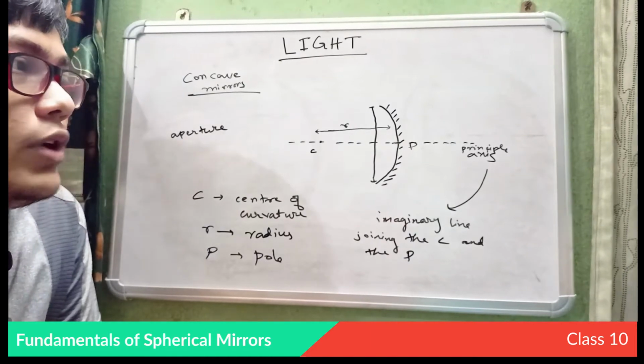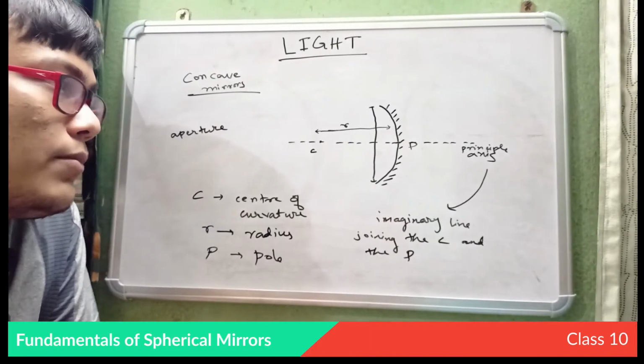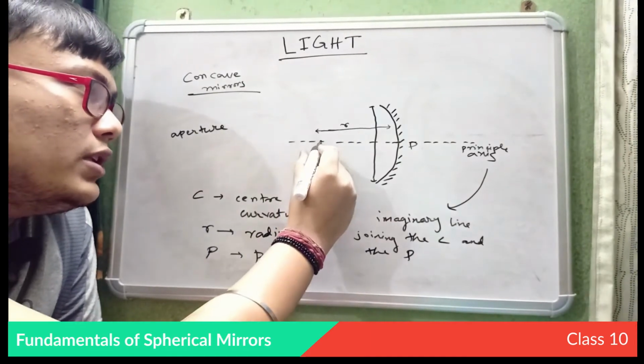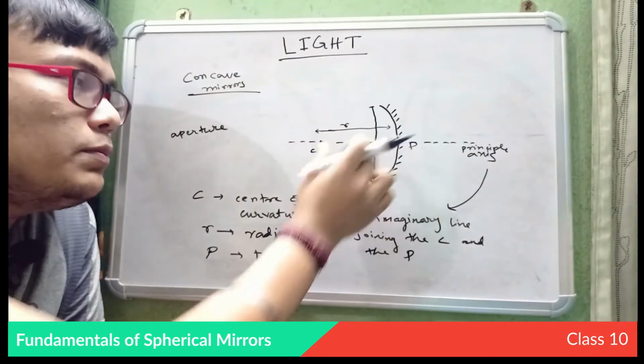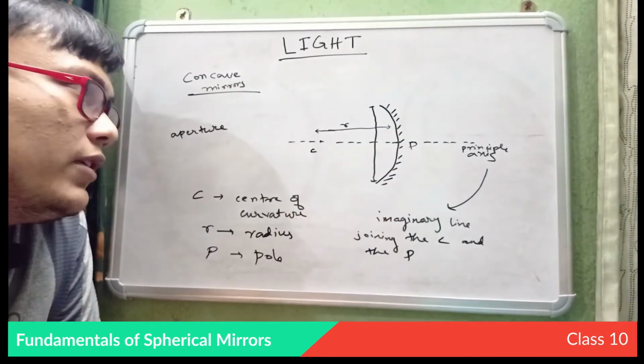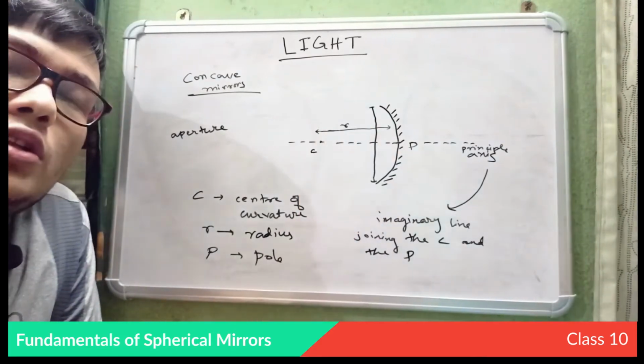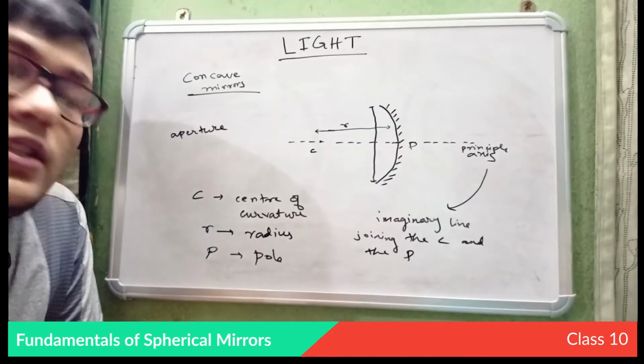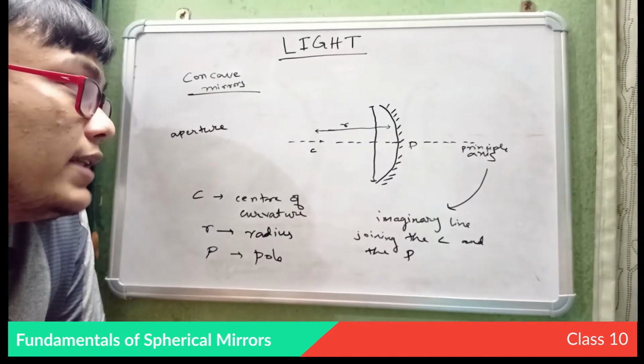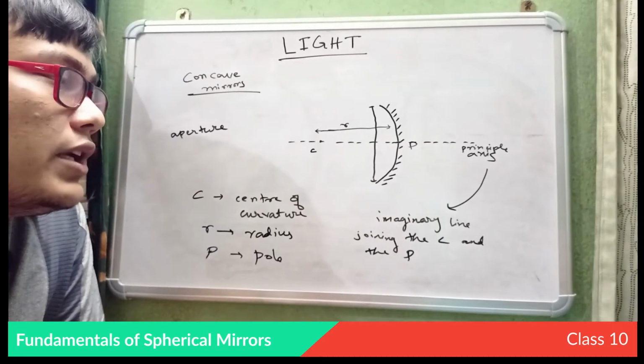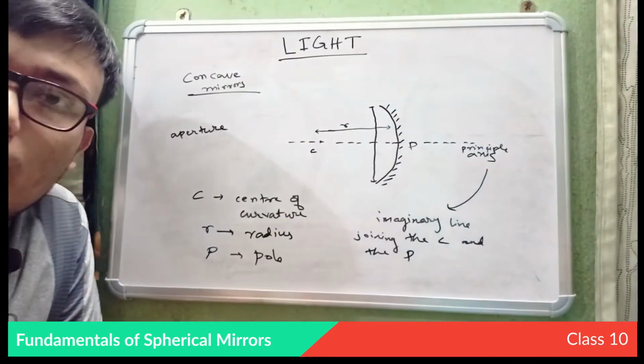That line is known as the principal axis. The distance between this C and this P will also be the radius of curvature, right? The distance between any point on the mirror and the center of curvature is known as the radius. So this distance will also be R.